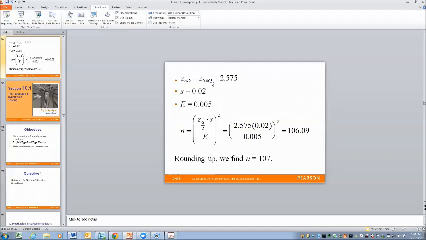Well, on the z table, we get a z-score of 2.575. That would give me a value for the z-score where 0.5% lay to the right of that value. We then would put that into the formula, and we would come up with 106.09. We can't have 1/2 of a value, so we have to have 107 objects in our sample.